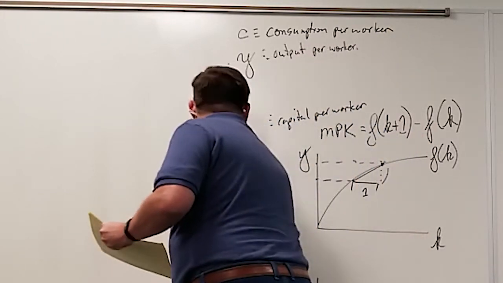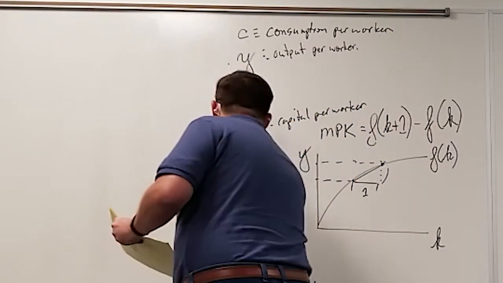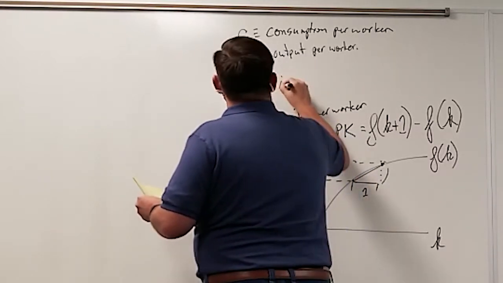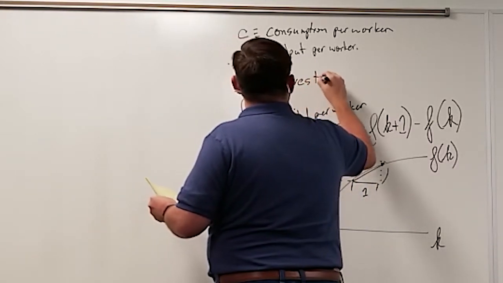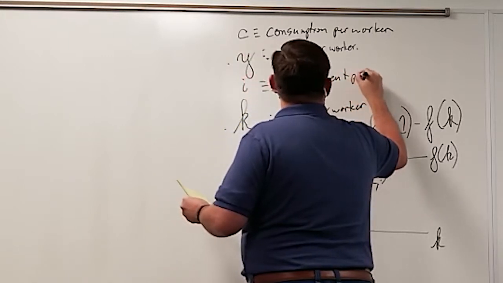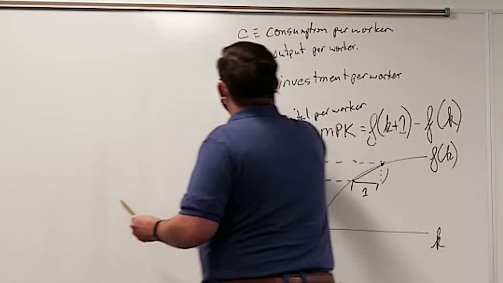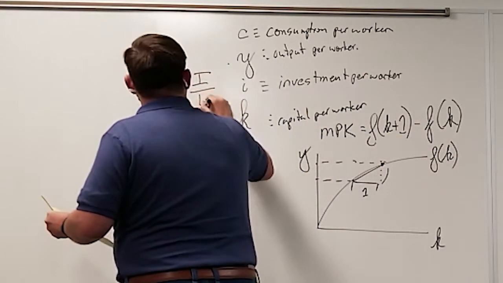And little i is investment per worker, or capital I divided by L.